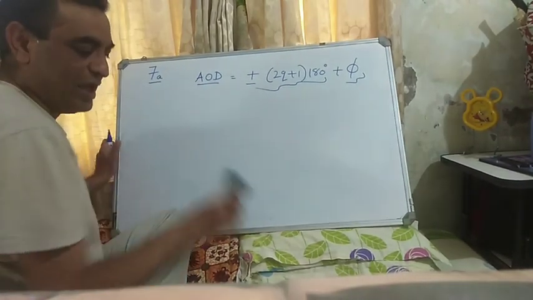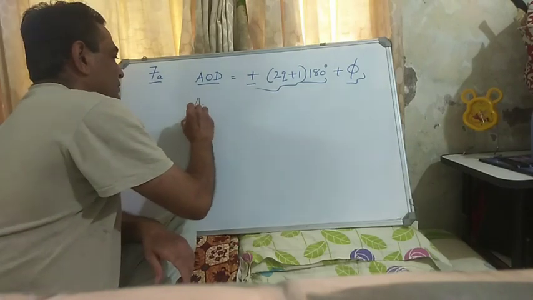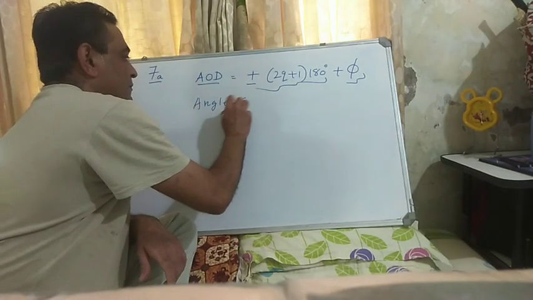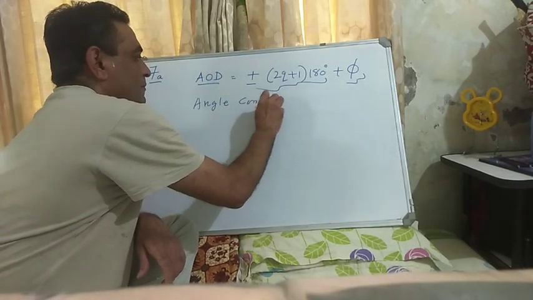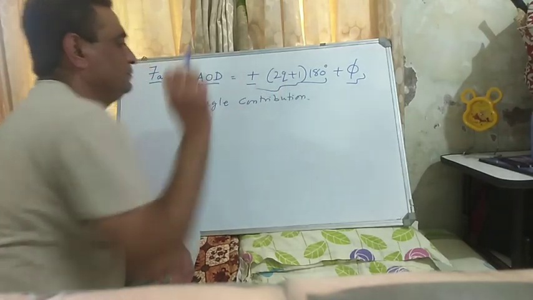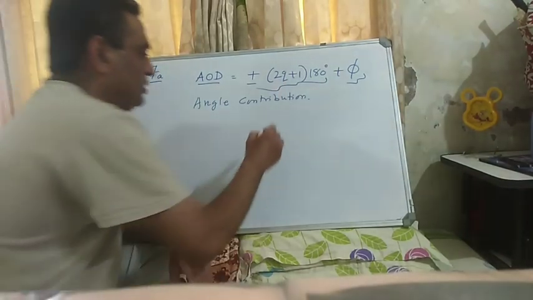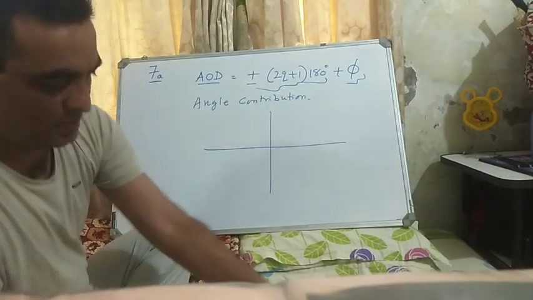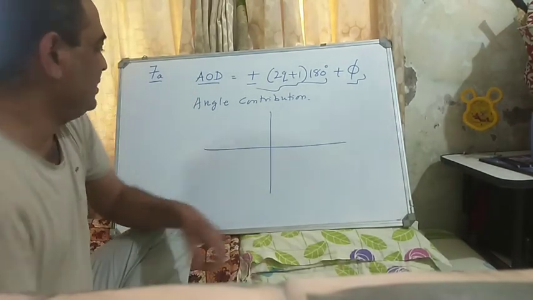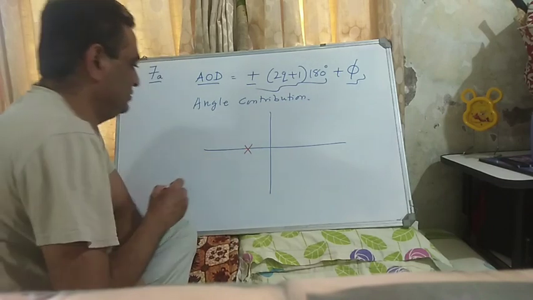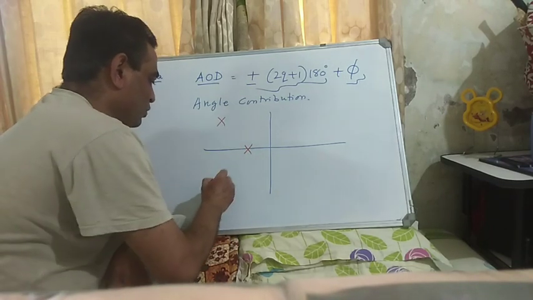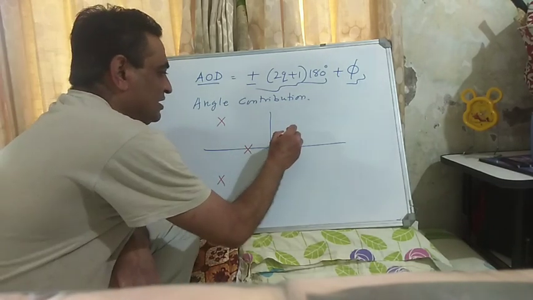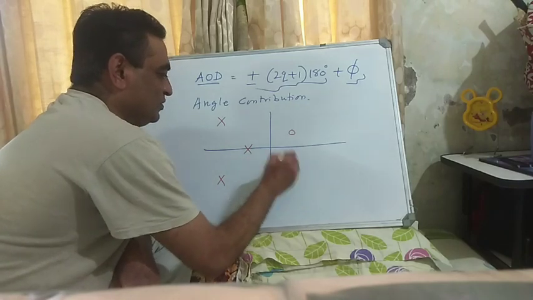Now let us understand the angle contribution. Let's say this is my S plane, and there is one pole here, there are two complex poles here, and let's say there is one zero here and one zero here.